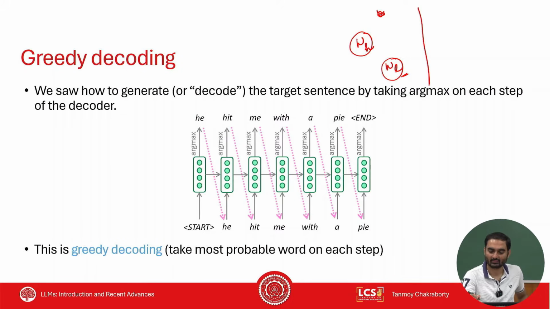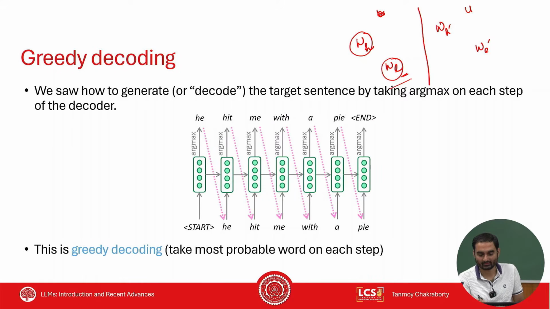And at the decoder stage, what are the matrices? WH dash, WE dash and U. Okay, and these matrices are learned during the training time.